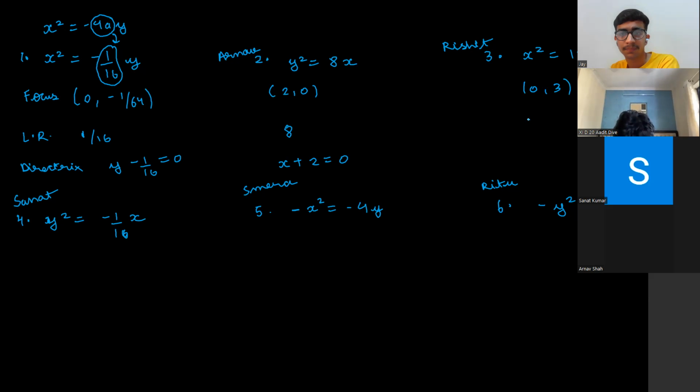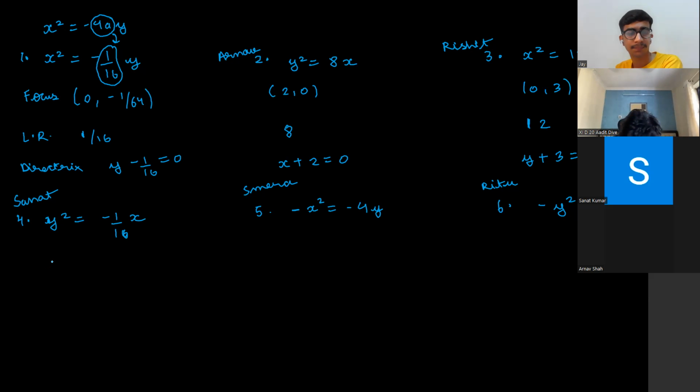Then the latus rectum is 12. Okay. Directrix. It would be y plus 3. No, wait. Okay, it would be y plus 3 only.